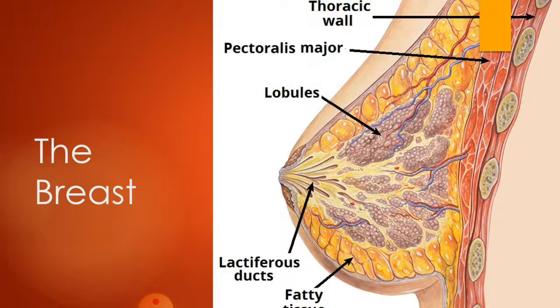The function of this is to provide support to the breast. Another important point is that the glandular tissue will proliferate during lactation, or there will be hyperplasia of the glandular tissue during lactation to support milk production.